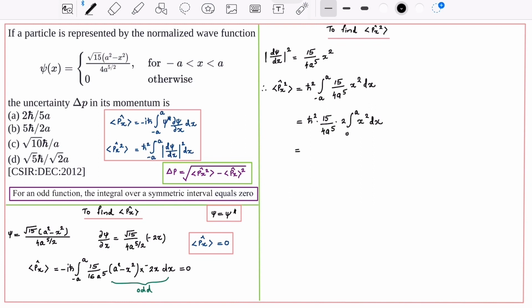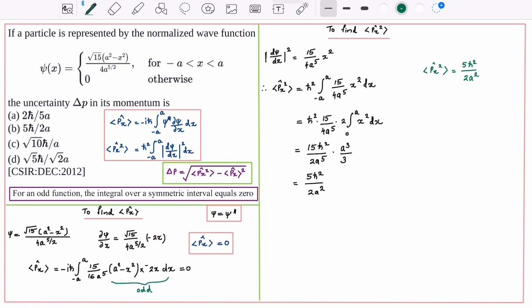That is equal to 15 h bar square divided by 2 a raised to 5 into a cube by 3. That is equal to 5 h bar square divided by 2 a square. This is the expectation value of px square. The expectation value of px square is equal to 5 h bar square divided by 2 a square.